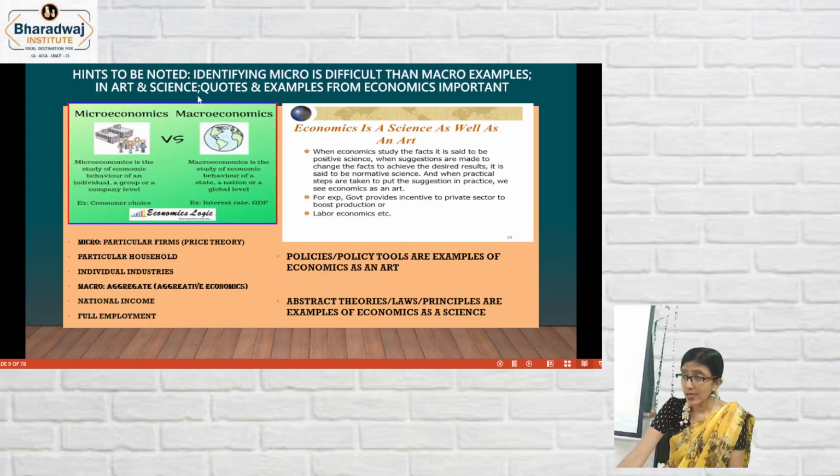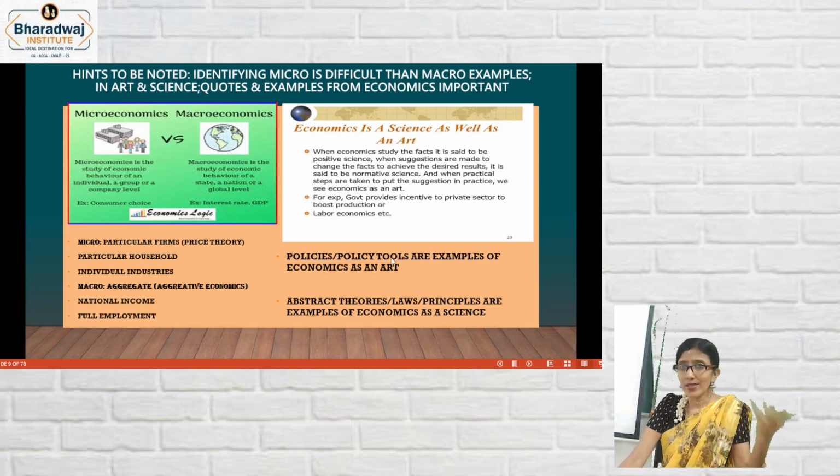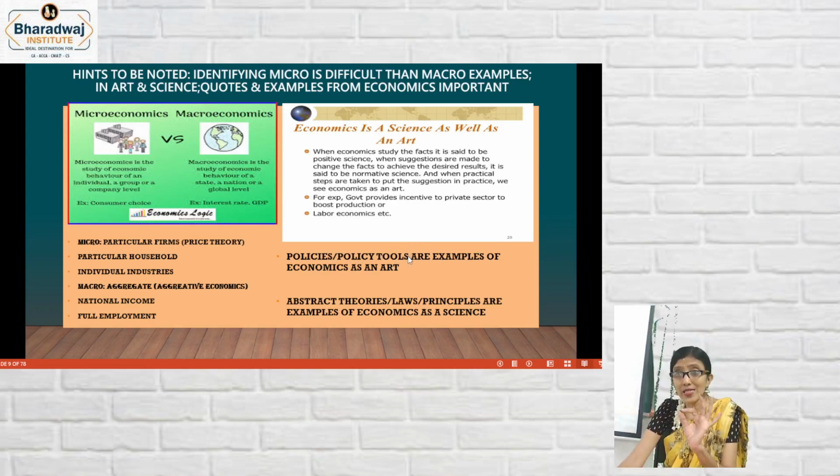And art and science, please revise the quotations given in the material for you because they are asking that. Now, one small help we can give you regarding economics as an art and science. Any policy mentioned, or policy tools, come under economics as an art, because art is an application. Any economic policy, monetary policy, fiscal policy, exim policy, please note they come under economics as an art.